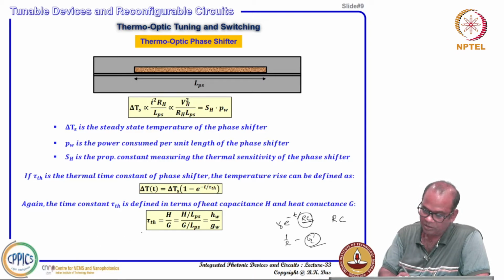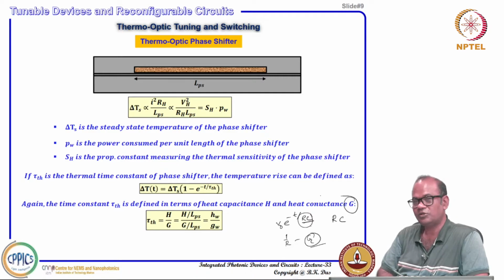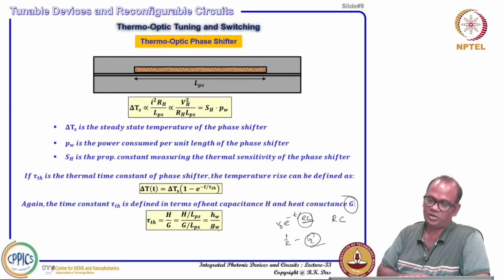And another thing is the heat capacitance. Heat capacitance means for 1 degree temperature rise how much heat energy is required. If it is per 1 gram then it is specific heat, otherwise, for a bulk material, how much energy is required to raise its temperature by 1 degree, that is called heat capacitance.